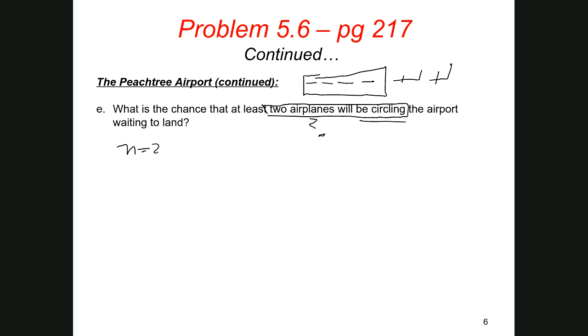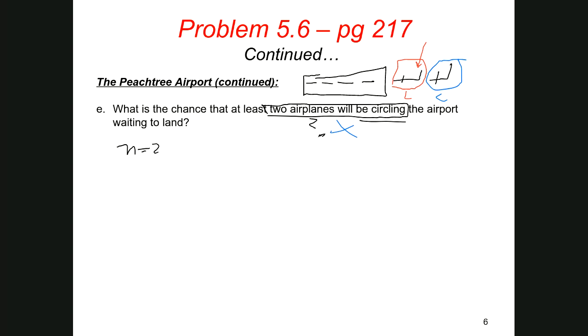But ask yourself, what are these planes doing? In actuality, n does equal 2 in this example, but plane number 1 is actually now in the process of landing. Plane number 2 is in the process of circling. So in this case, this does not satisfy two airplanes circling.